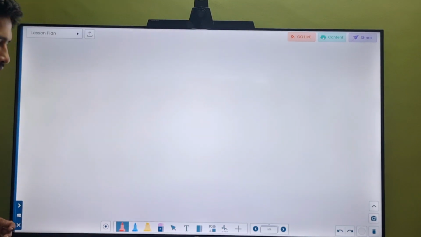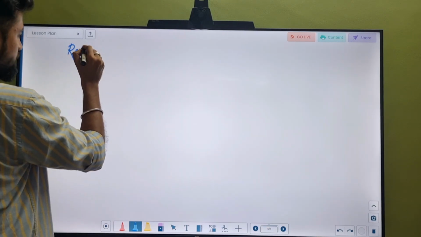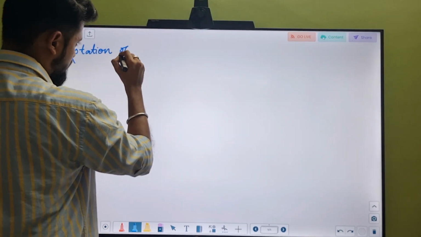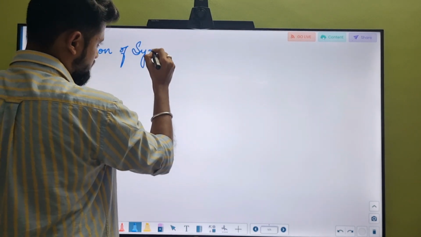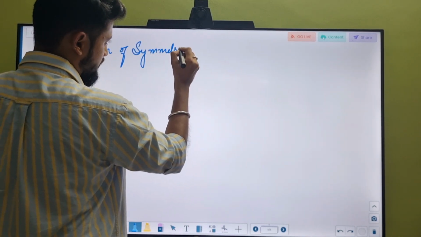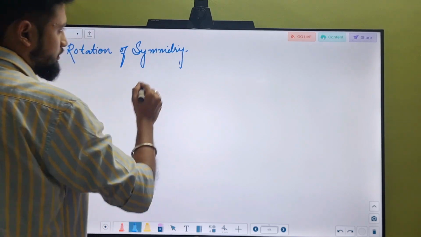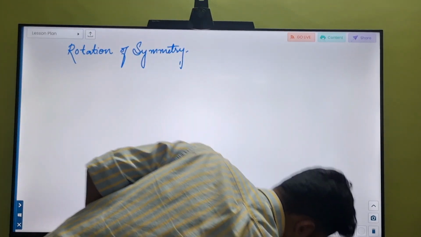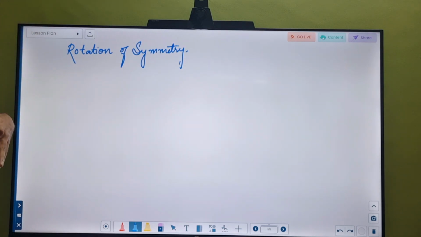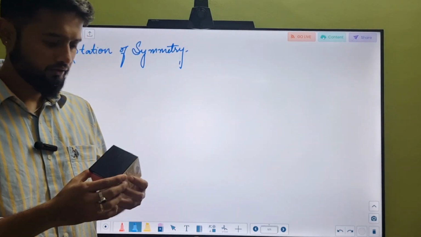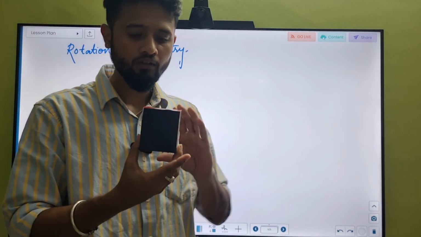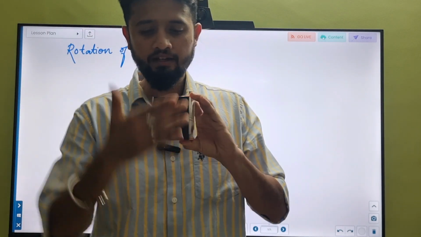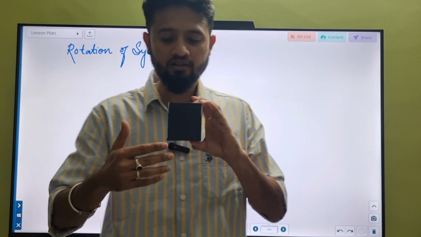next, moving on to rotation of symmetry. Okay, so here in rotation of symmetry, if I take this box, and consider this face. Okay, I have highlighted this face for better understanding.